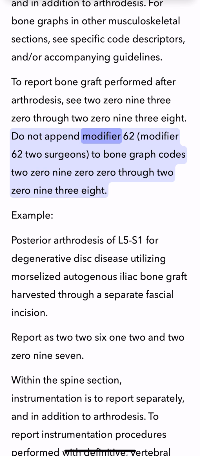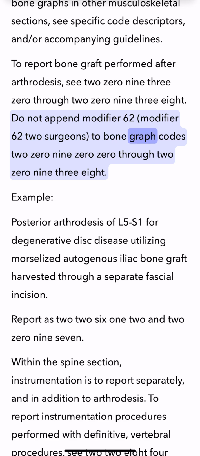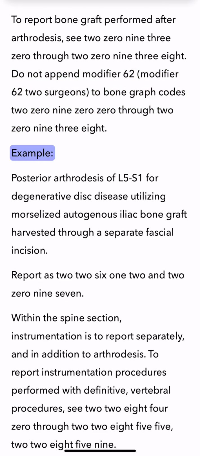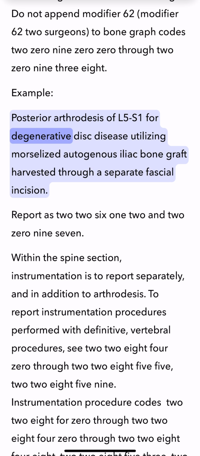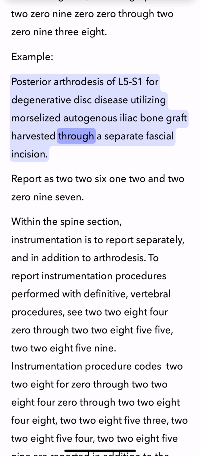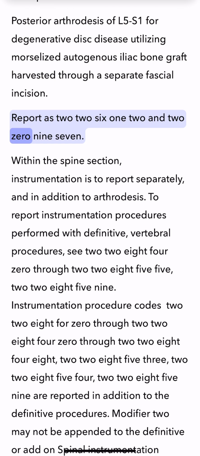Do not append modifier 62 to bone graft codes 20900 through 20938. Example: posterior arthrodesis of L5-S1 for degenerative disc disease utilizing morselized autogenous iliac bone graft harvested through a separate fascial incision. Report as 22612 and 20937.